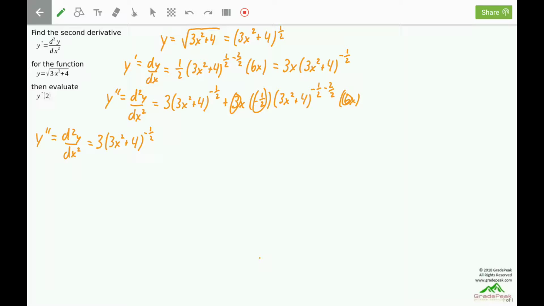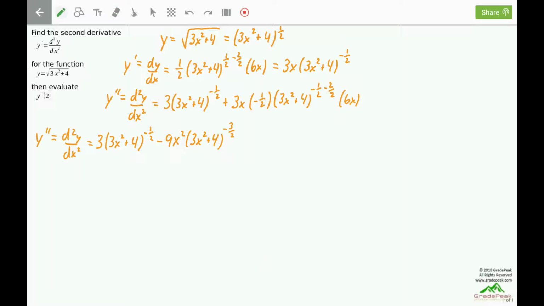If you multiply that by negative 1/2, you'll have negative 18/2, or negative 9. So I have a minus 9. I have an x here, and I have an x here. So that will be x squared. And then I have a 3x squared plus 4 to the minus 1 minus 2, minus 3/2.